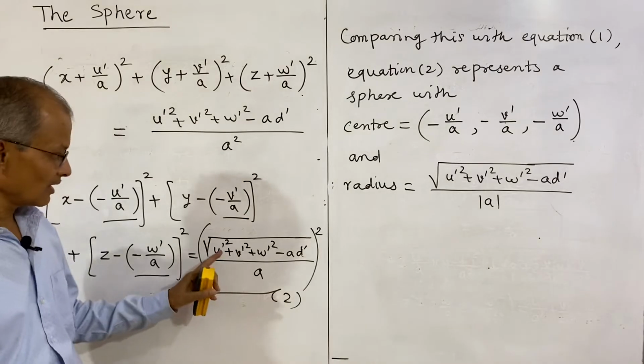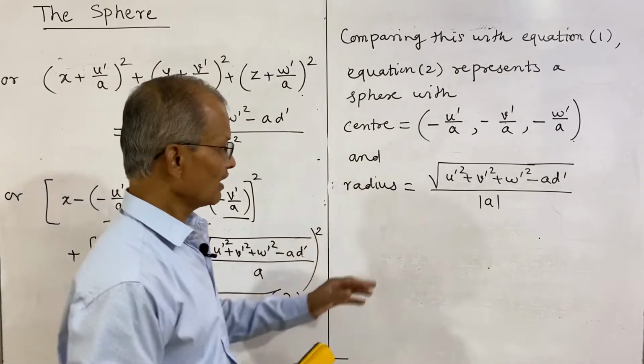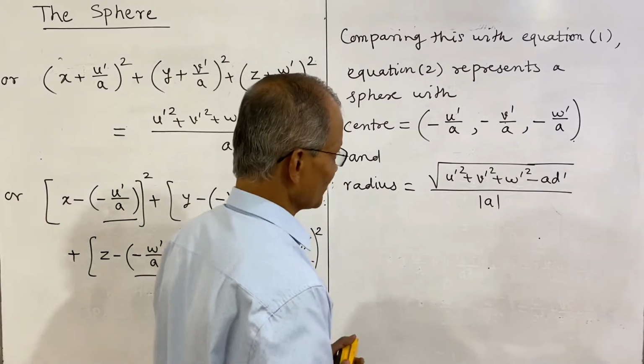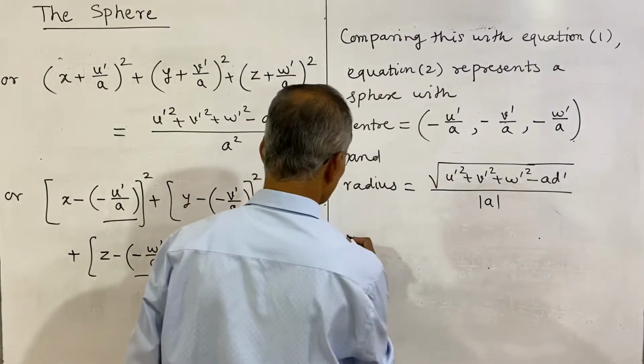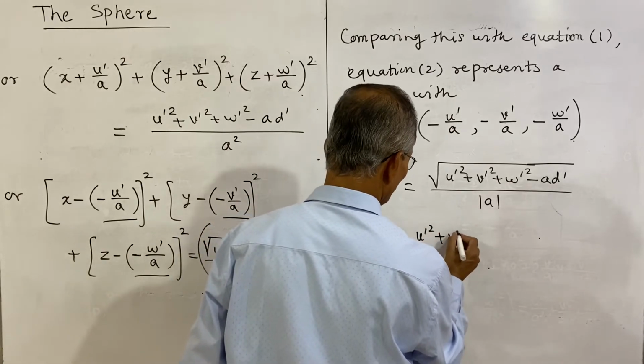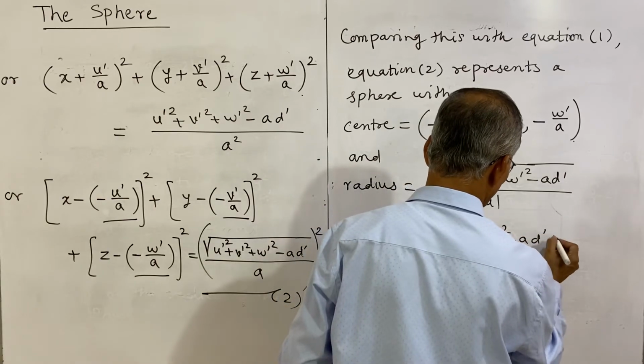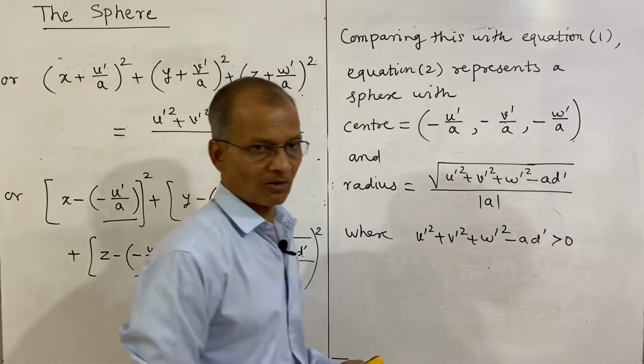So it is an under-root quantity, and this must be positive because it is a distance, which is the radius, and that is positive. So this is a positive quantity, that is, u prime square plus v prime square plus w prime square minus a d dash is greater than or equal to 0.